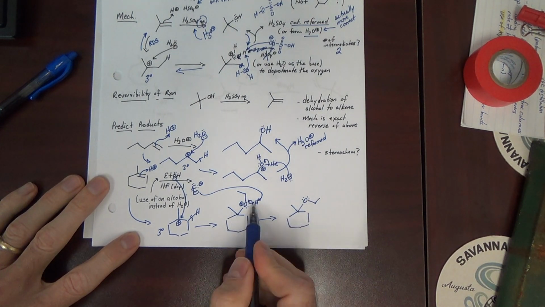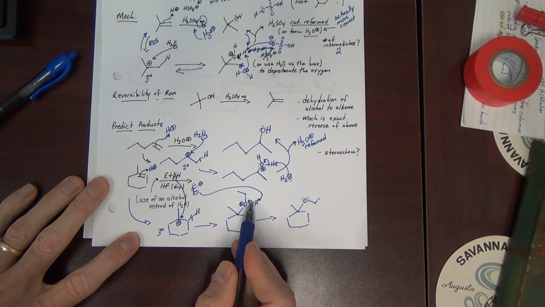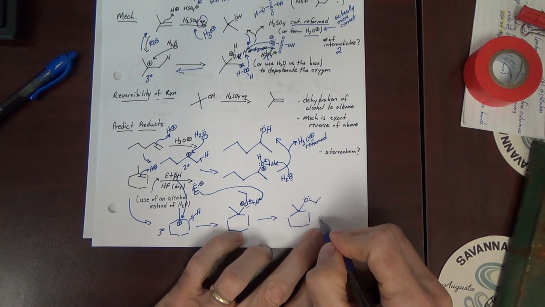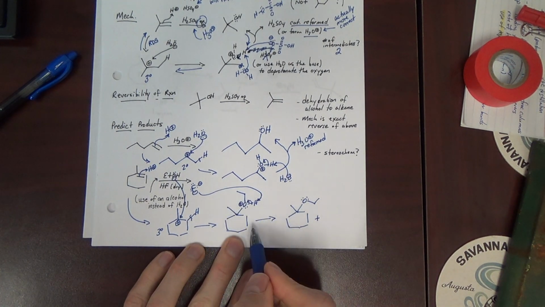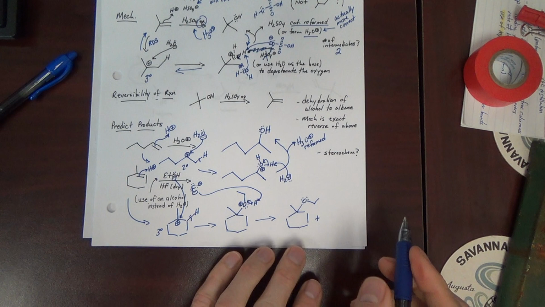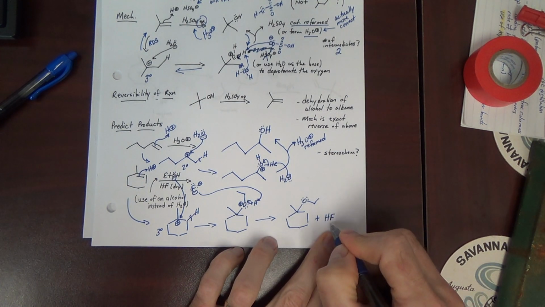Two lone pairs now. Where did the second lone pair come from? It came from this arrow here. Plus what? What else did we form in this last step of the mechanism? We formed HF. And HF is, well, it's reformed.